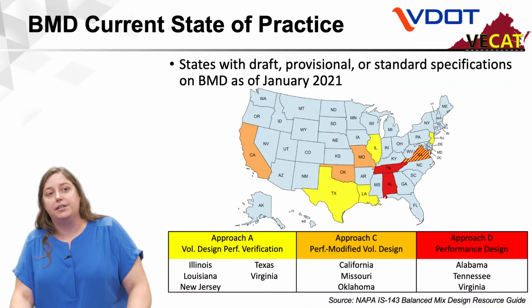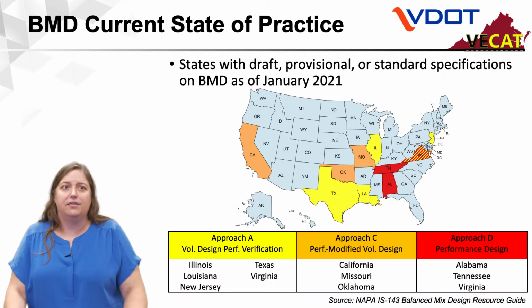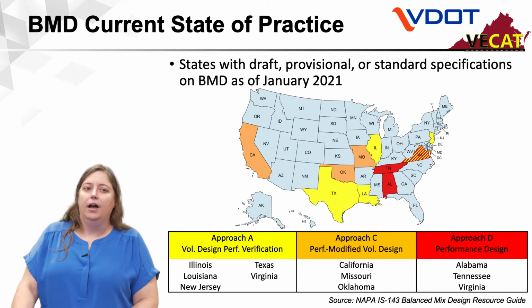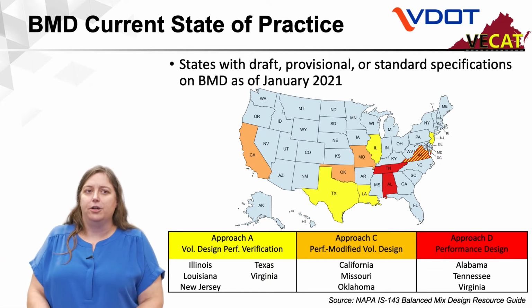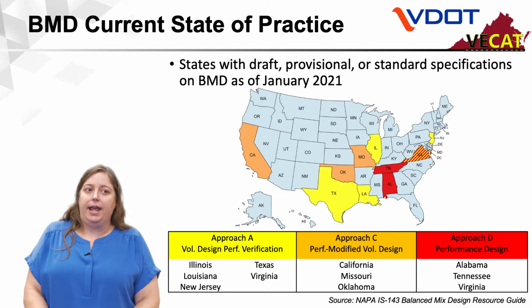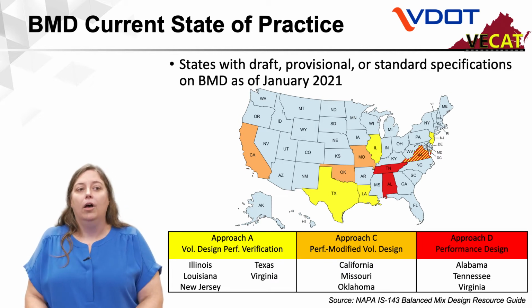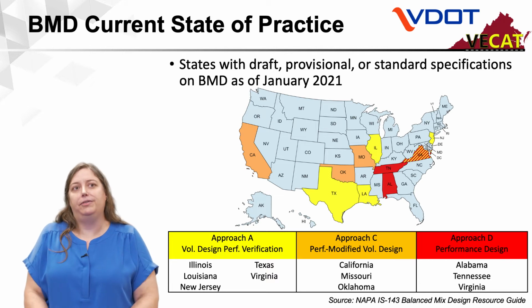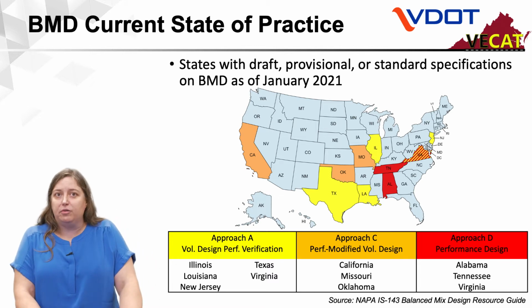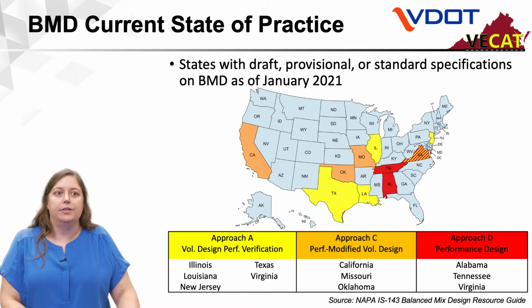Currently, the balanced mix design state of practice, this is as of January of this past year, and this is from NAPA's information. The approach A, doing verification on volumetric mix designs. 5 states have specifications that are draft, provisional, or standard specifications.